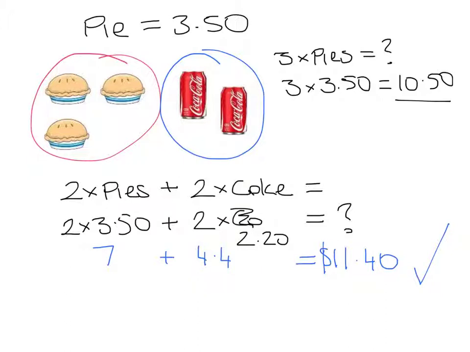So let's take things to the next level. We've put together a bit of an algebraic equation based on speaking in English. But we never ever say, I'll have 3 times pies and 2 times Cokes, please.